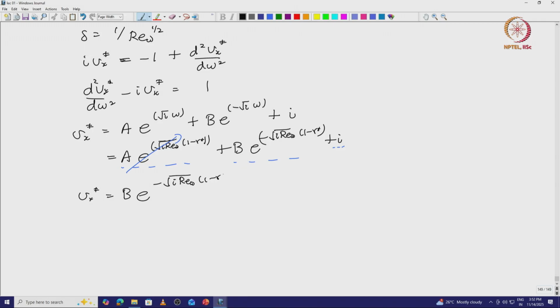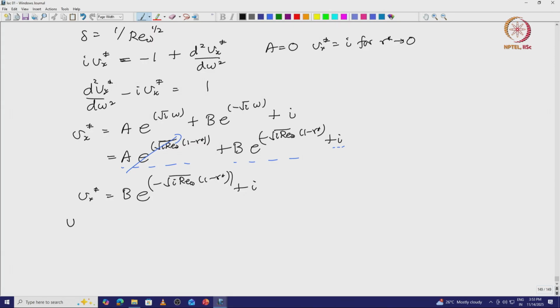So A is equal to 0 from the condition that Vx double dagger has to be equal to I for r star going to 0. At the center of the channel it has to be equal to I.